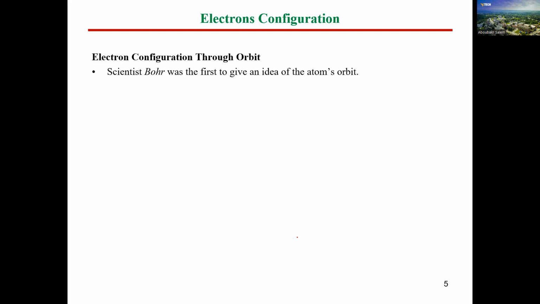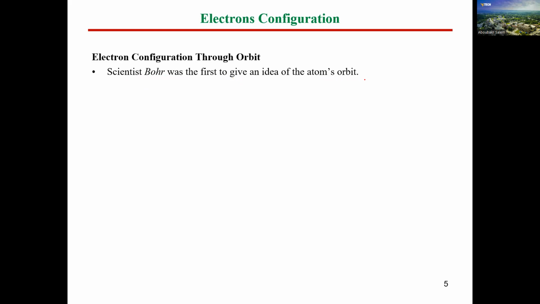You already learned that maybe in chemistry. There is one theory by a guy called Bohr. Bohr made a theory regarding what's called the orbit. The scientist Bohr was the first scientist to give an idea of the atom's orbit.